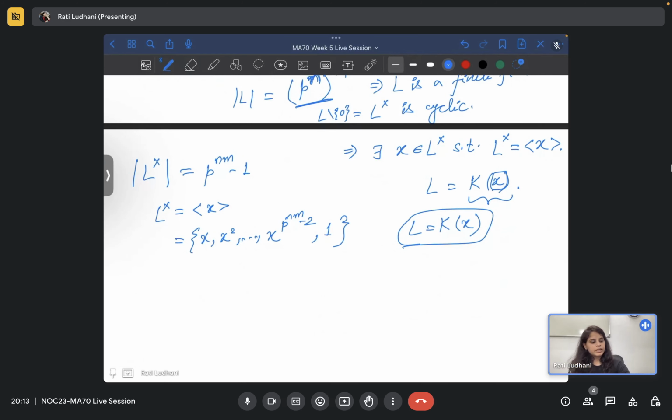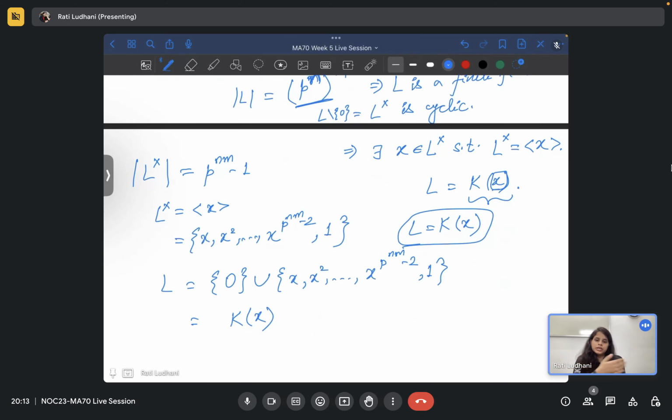Now what is L? L is equal to 0 union this set. So you can write this to be equal to K(x), because K(x) has all the powers of x. I'm not giving too much here.